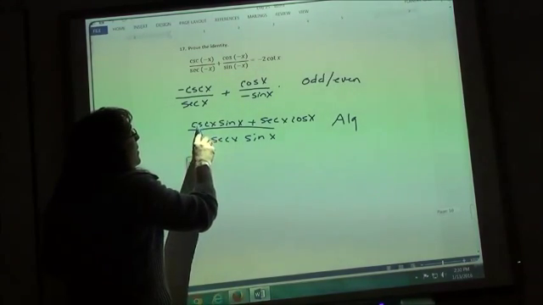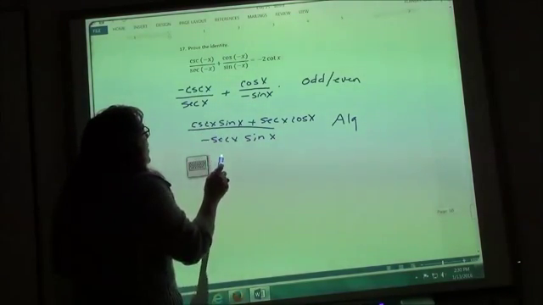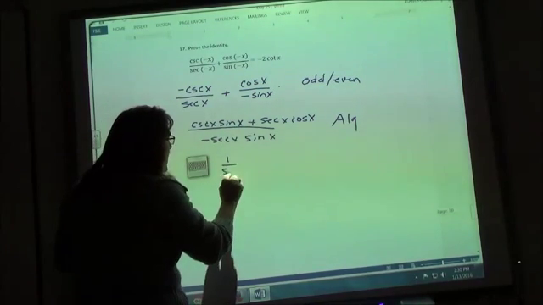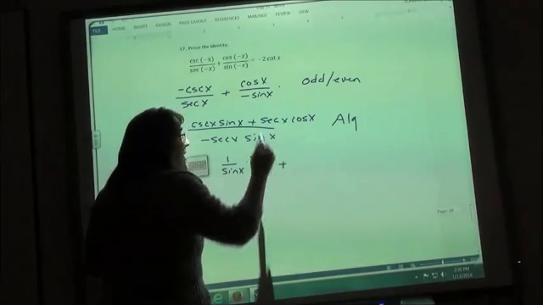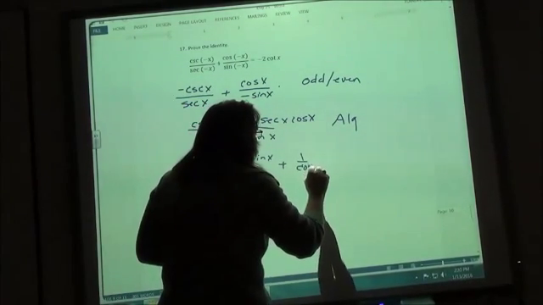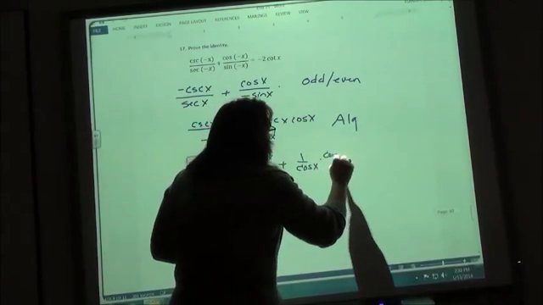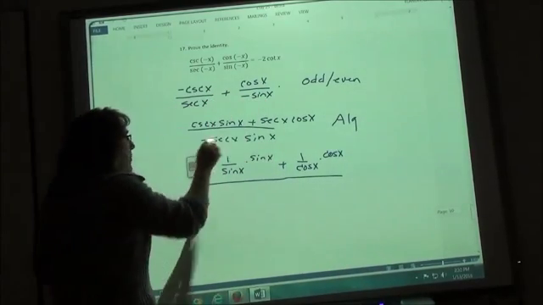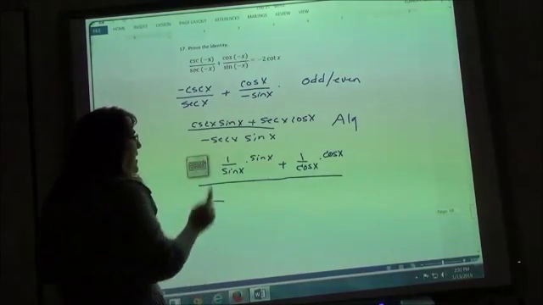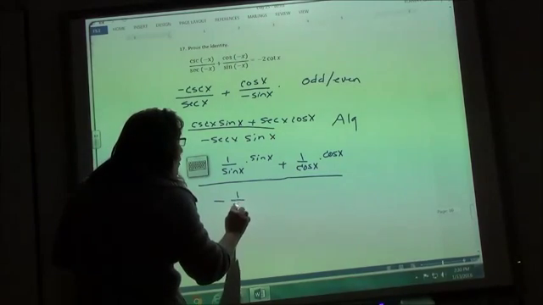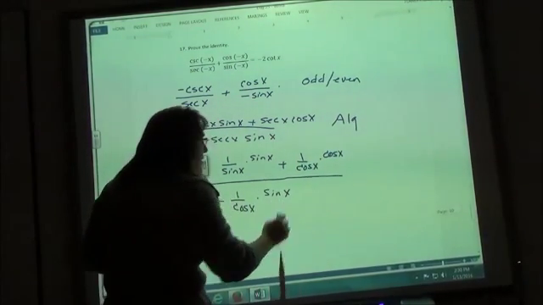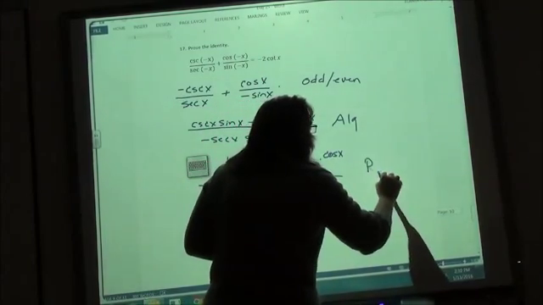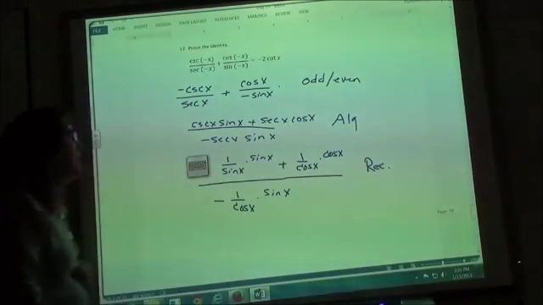So I'm going to have here cosecant of x is 1 over sine of x times sine of x. Secant is 1 over cosine of x times cosine of x. On the bottom, minus secant of x again is 1 over cosine of x times the sine of x. And all of those are reciprocal identities, right?